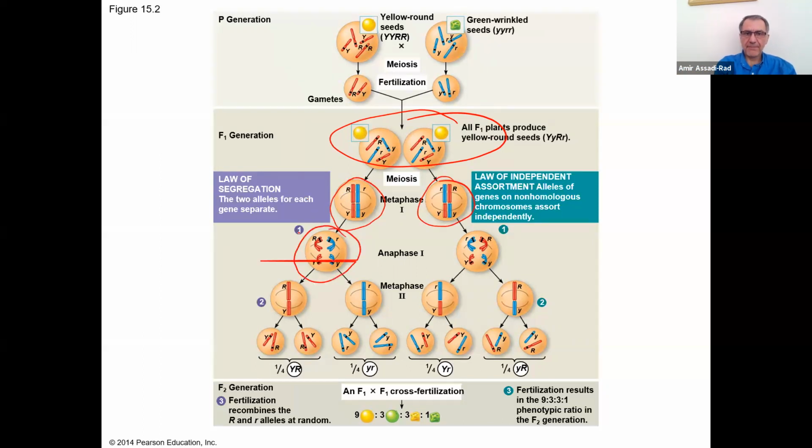Then when the gametes were formed, in this case you have two different types of gametes, and in this case again two different types of gametes. This is one type, and this is the other type.